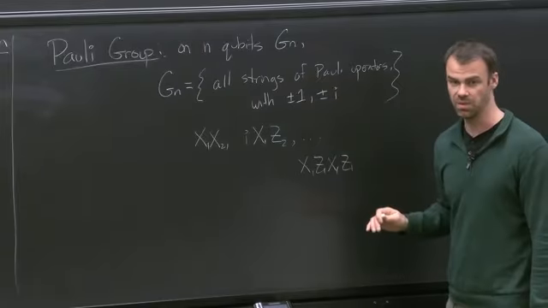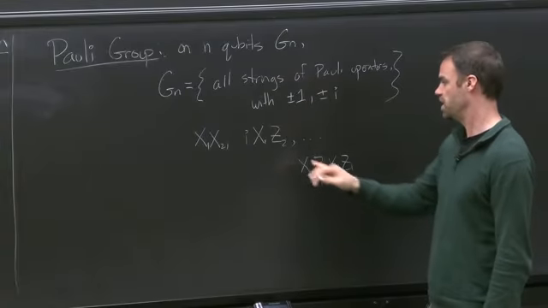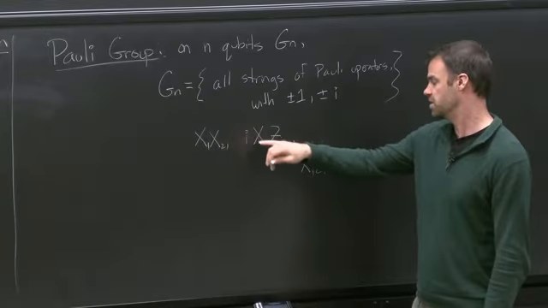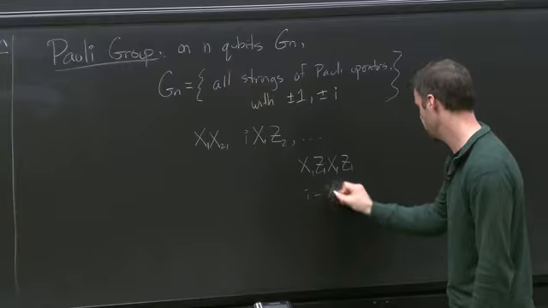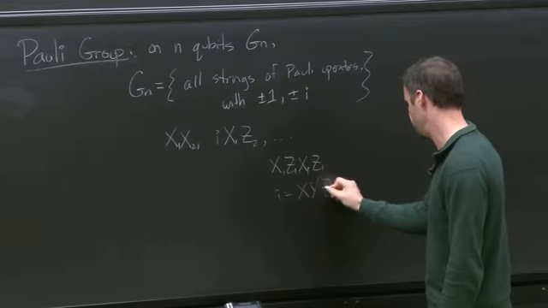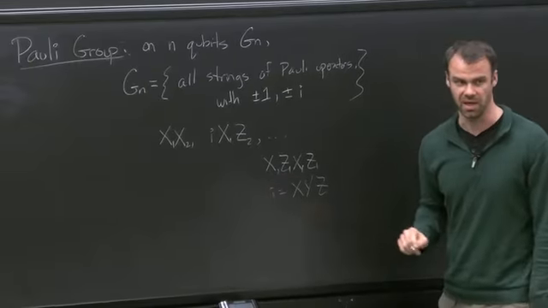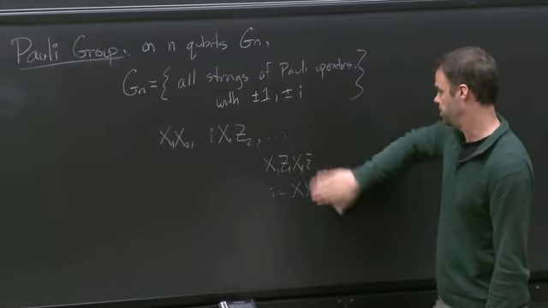Because these all anti-commute. And similarly, I have these Y operators, and then I end up being able to make an i or a minus i out of Y's. Like X, Y, Z is up to a sign equal to i. Okay, so I have to include the phases.